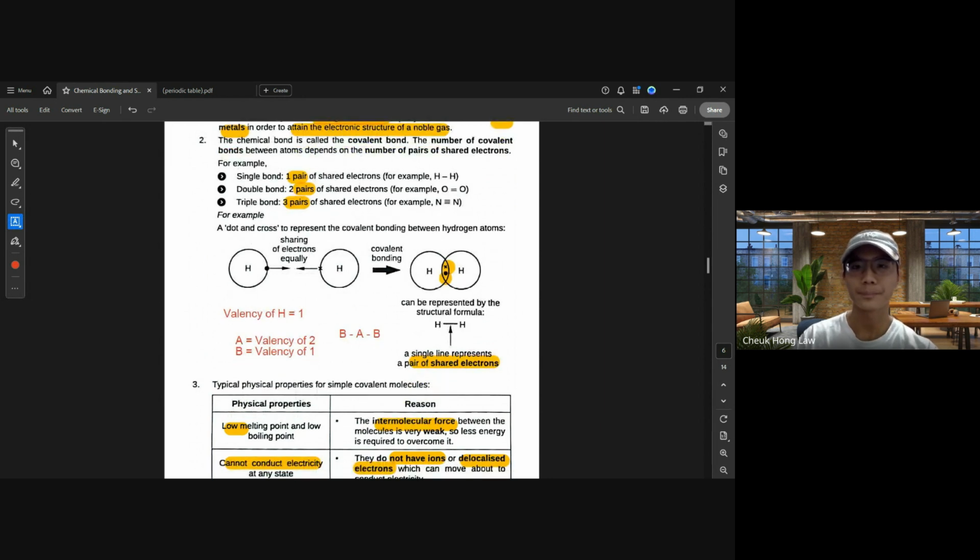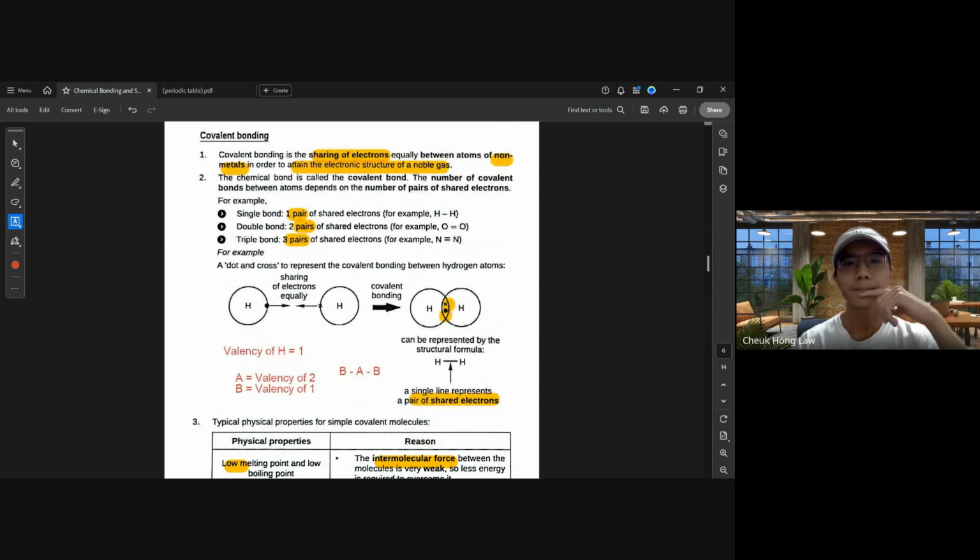Once they combine with each other, they have basically a full valence shell. So firstly, there will be no free electrons to move. And secondly, simple covalent bonding itself is the sharing of electrons, so there is no gain or loss of electrons. So there cannot be any ions.